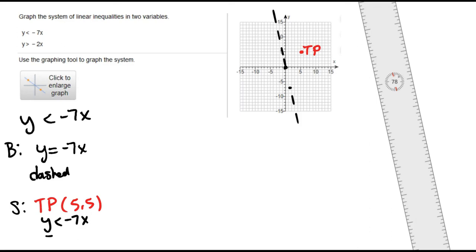That is 5 is less than negative 7 times 5. 5 is less than negative 35 is a false statement. So our test point came out false, and we're going to shade on the true side. The true side is the other side.